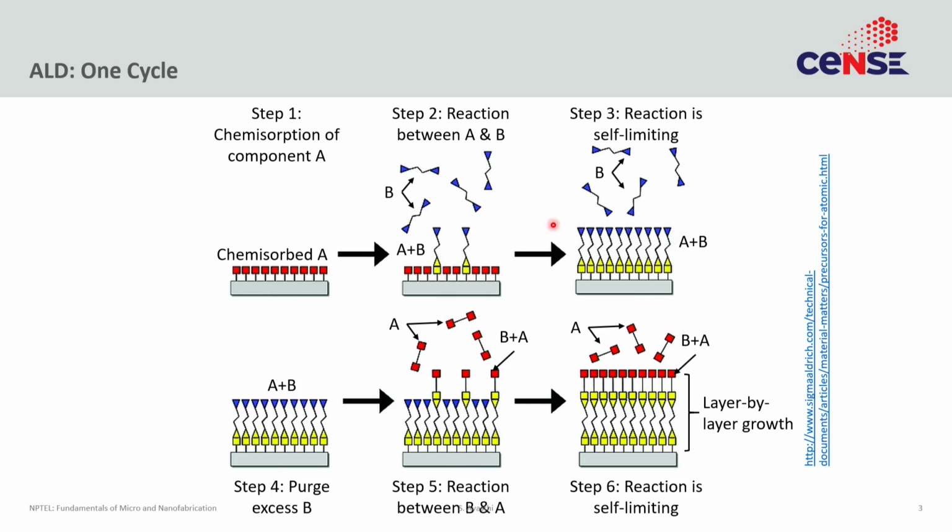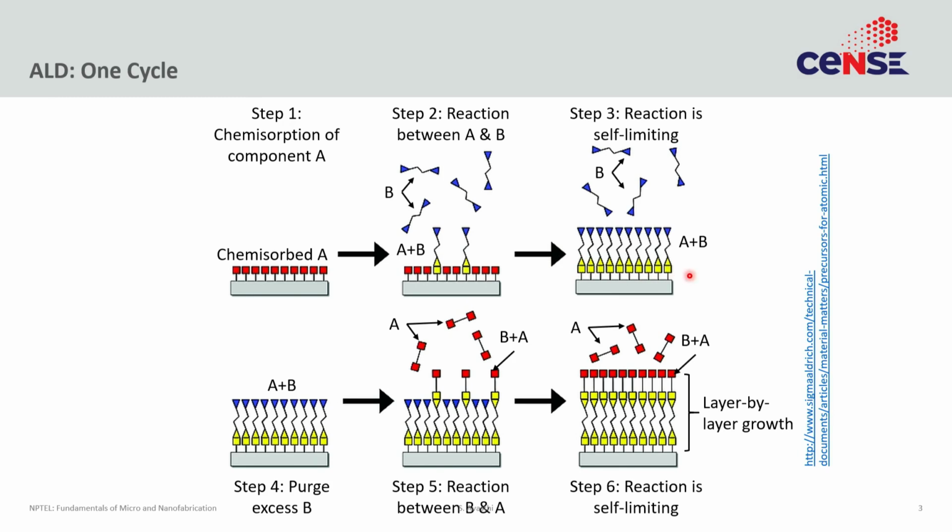Now what you have done in this process is you have started from a surface that had A functional groups sticking out and you have ended with a surface that has B functional groups sticking out. But more importantly, you have formed a layer of reacted species that is both A plus B, and this yellow thing is typically the material you want to deposit.